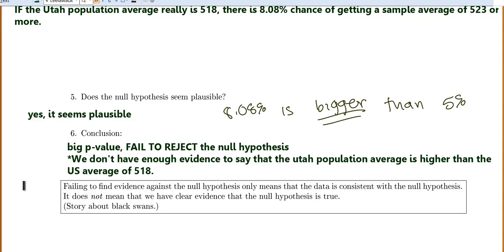So we've said, okay, the data seems consistent, so all the swans seem to be white, so it seems consistent with the hypothesis that swans are white. But it doesn't actually mean for sure that we have evidence that the null is true. Okay? We just didn't find evidence against it.